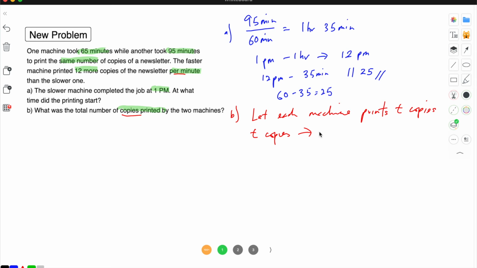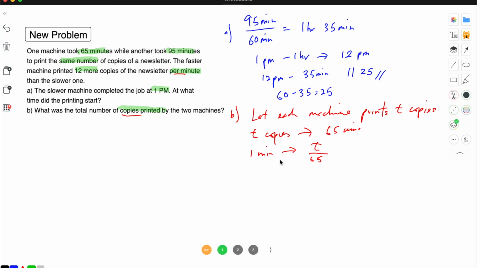So T copies, for the first machine, it requires 65 minutes. So in 1 minute, how many copies will be printed? It will be T divided by 65.